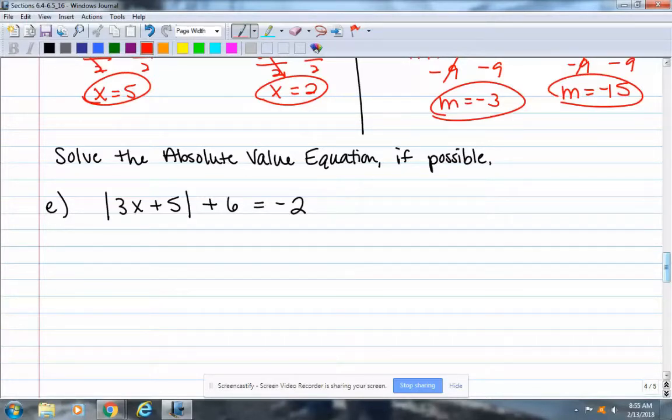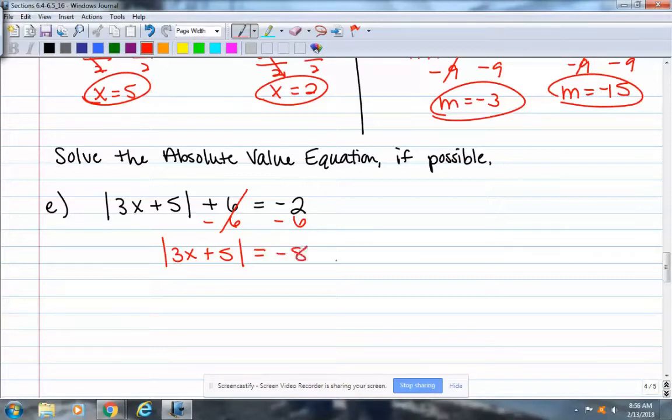So anytime something says if possible, that means you try it and see if it works or it doesn't work. So first we need to do what with this problem? Get the bars by themselves, so we would subtract 6. And we get the absolute value of 3x plus 5 equals what?